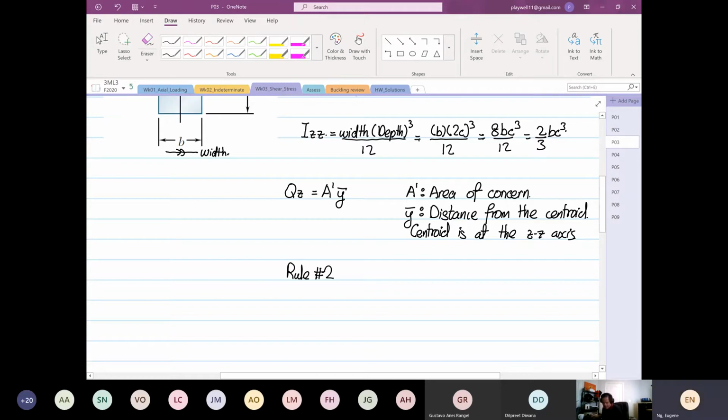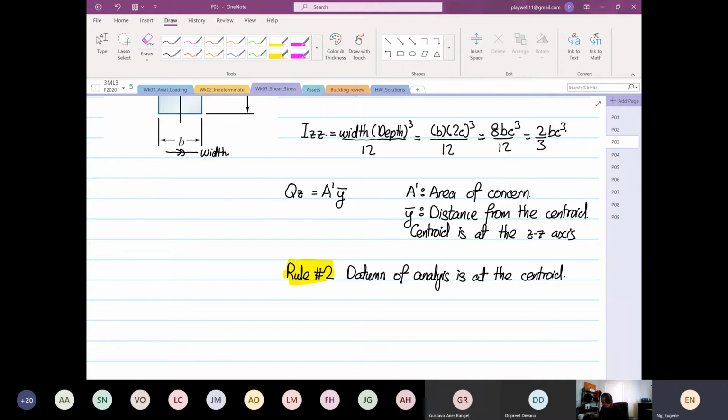Rule number 2 is the datum of analysis is at the centroid. Okay, so this is a very important rule. When you do any analysis, the datum of analysis is at the what? It's at the centroid. So it is the geometric datum.